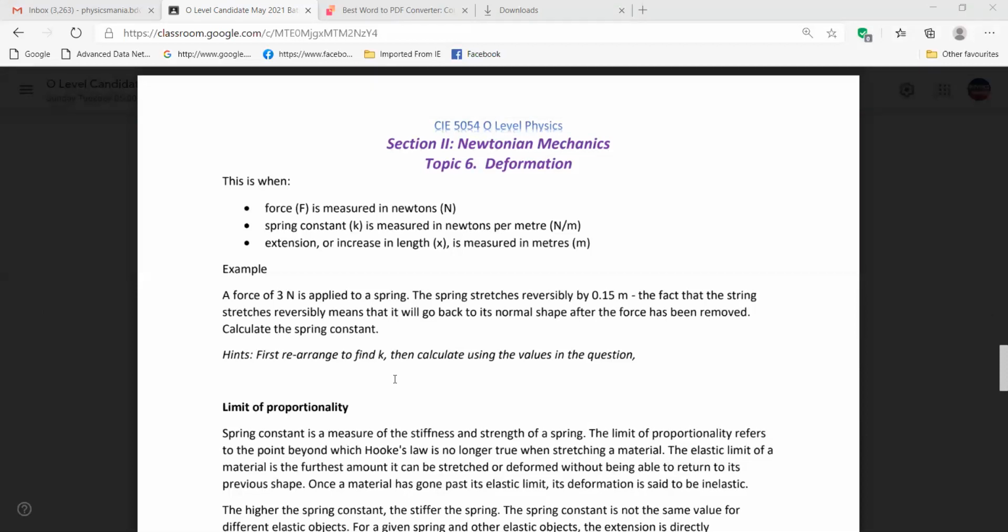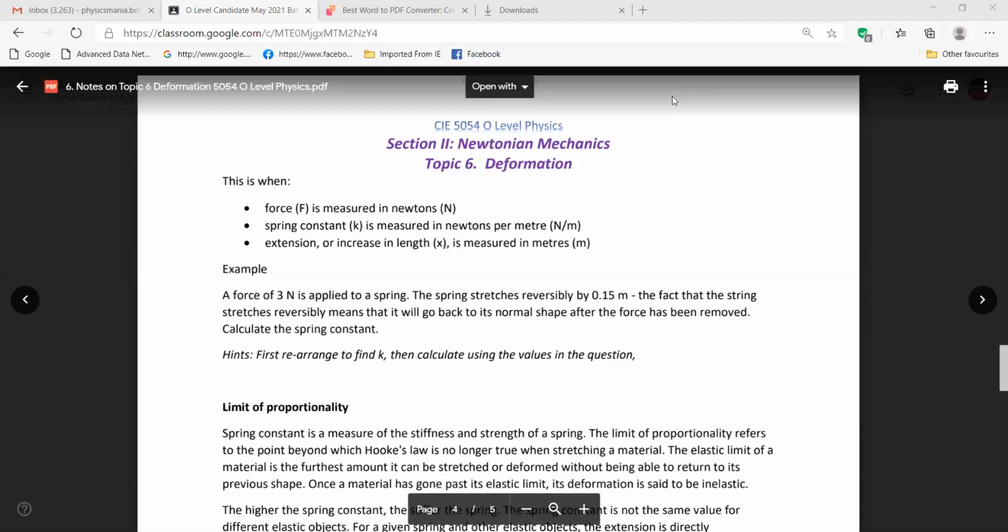You are going to find the spring constant, so you have to rearrange the formula. K equals F by X. Did you get it? Yes, sir.